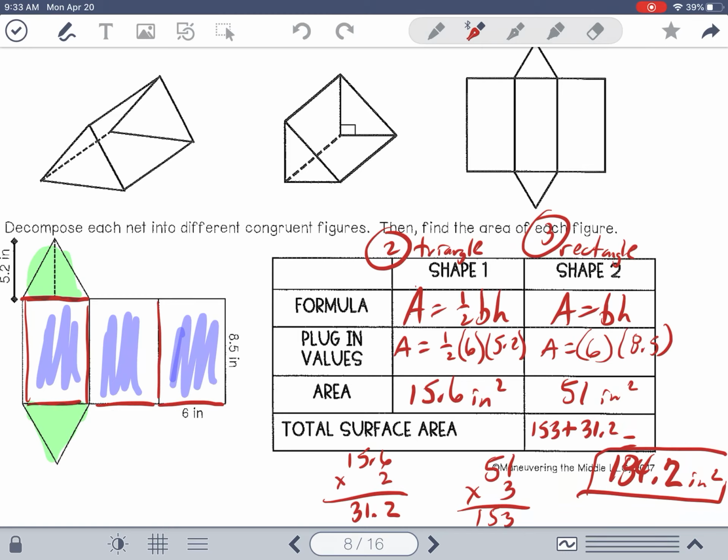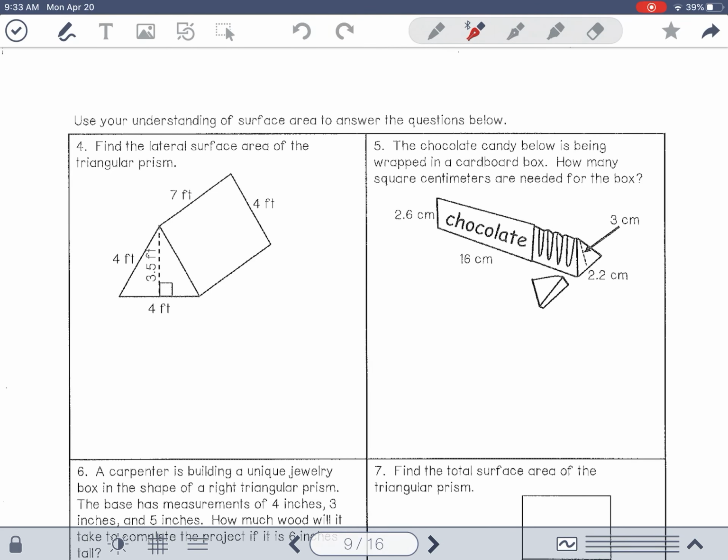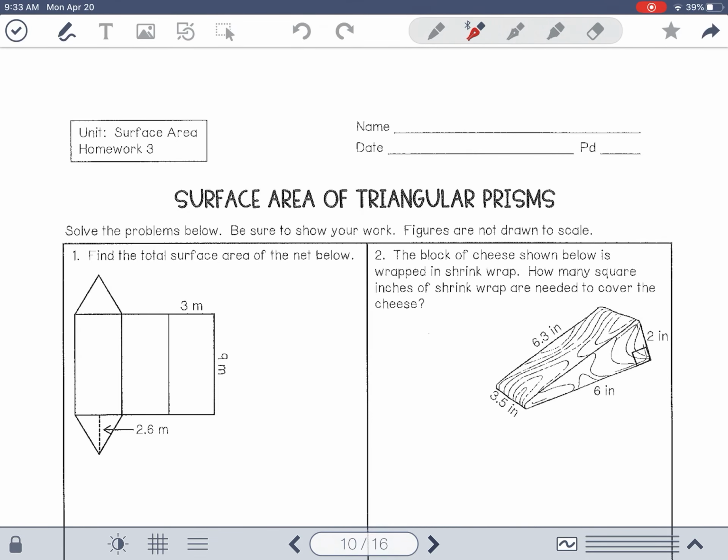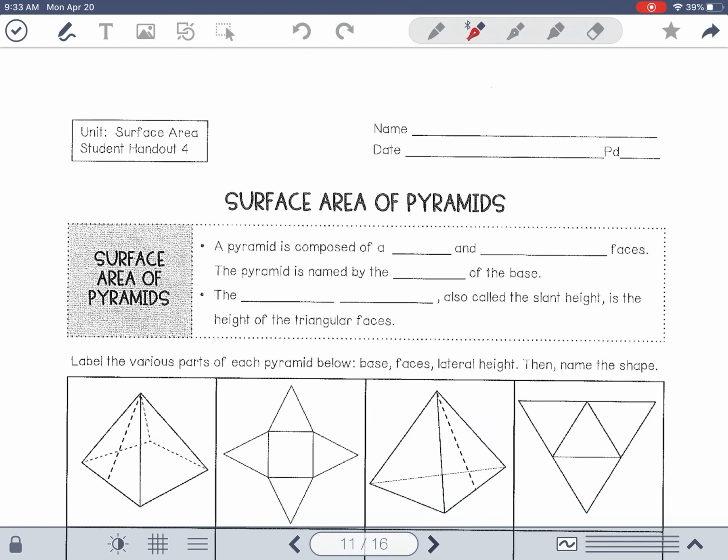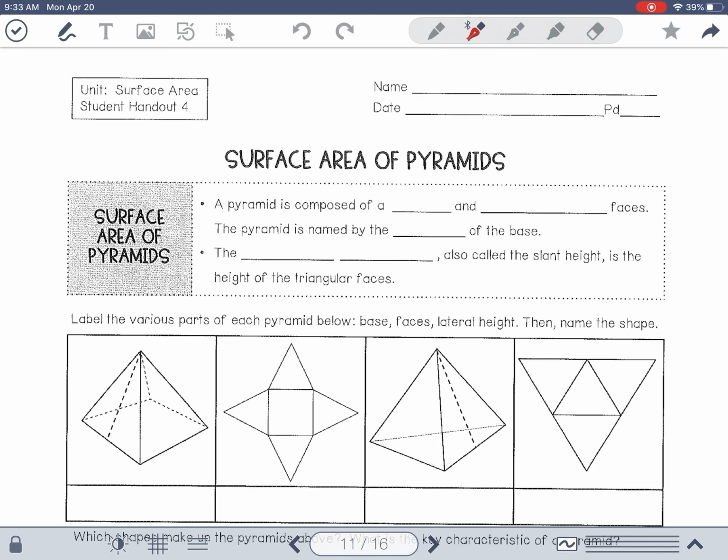Okay, you're just opening up each of these three-dimensional figures into nets. All right, and so very similarly, as we come over to pyramids, if the pyramid is composed of a base and triangular faces, remember it's named by the shape of the base.